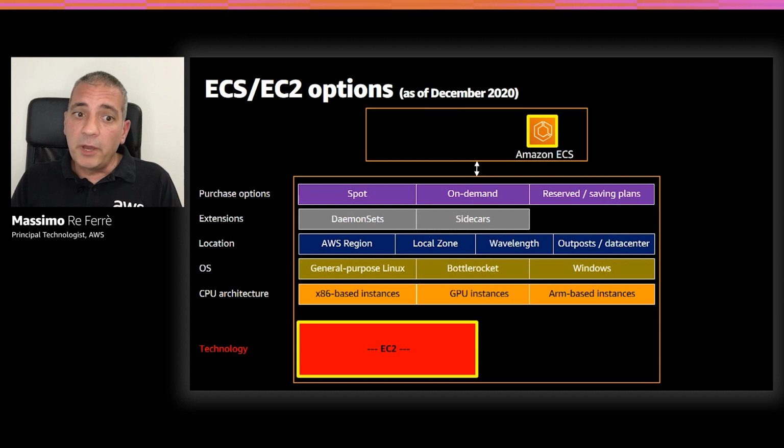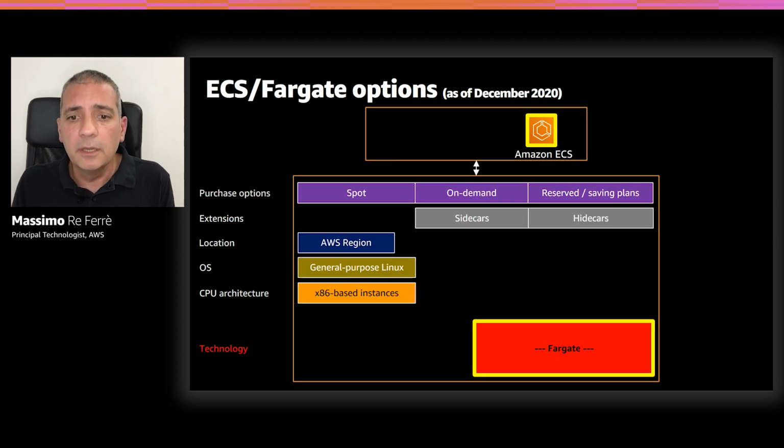Similar picture for ECS and EC2. As you can see, similar options to what you had with EKS. And similarly, some of the limitations with ECS and Fargate that we have shown with EKS and Fargate. So depending on the orchestrator that you pick and the technology that you choose for your data plane, you may get access or not to some of those options.